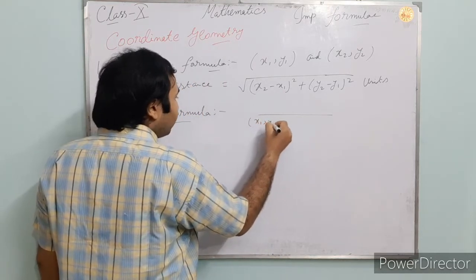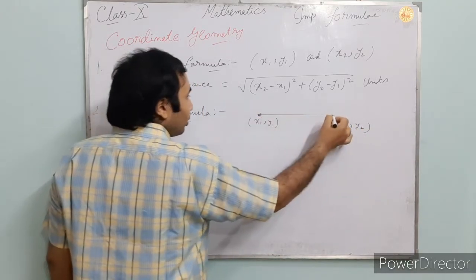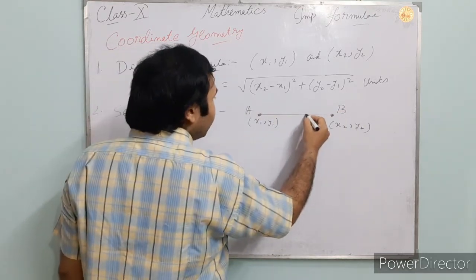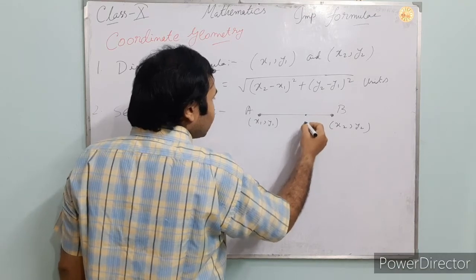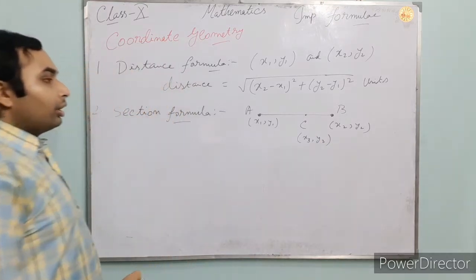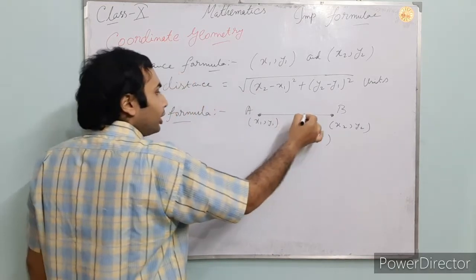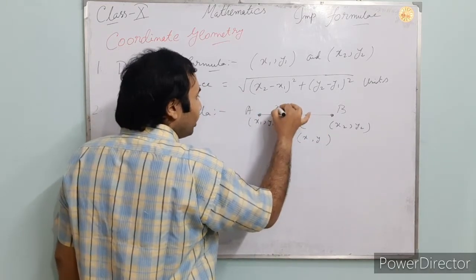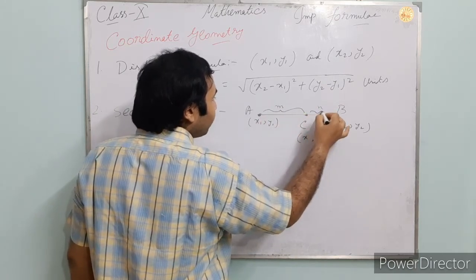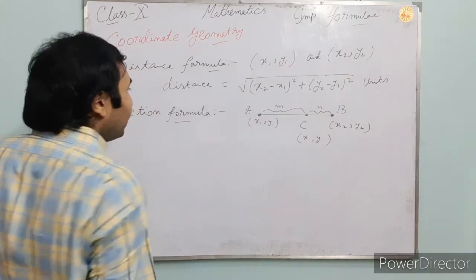Here is x1, y1, this point A, and here x2, y2, this point B. Now, another point C, x, y, divides this line in the ratio m is to n: from here to here it is m, and from here to here it is n.